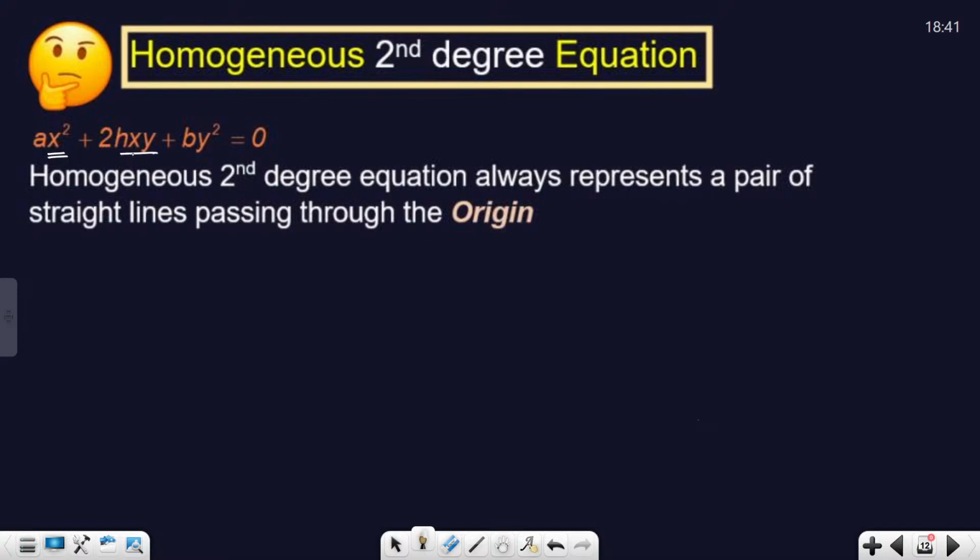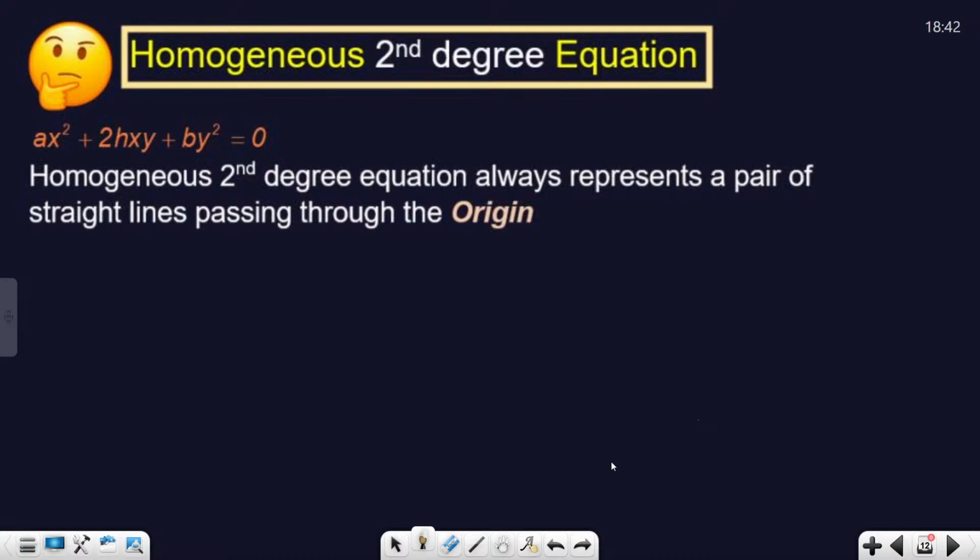Here, the variables are x and y, so the exponent of x is 1, the exponent of y is 1, and the sum of those two exponents also gives us 2, as well as the exponent of y is 2 here. So everywhere you have the exponent of the variables equal to 2. So this kind of equation is called a homogeneous equation of degree 2. Is it clear?